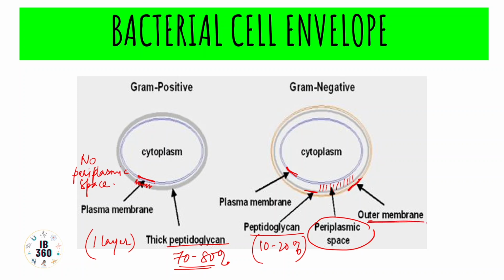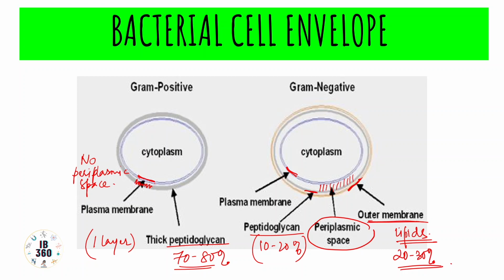This outer membrane is mainly made of lipids, and the lipid content is 20 to 30%, which is very significant compared to gram-positive bacteria. So this composition is very important when it comes to differentiating gram-positive and gram-negative, and when it comes to understanding the gram staining process.